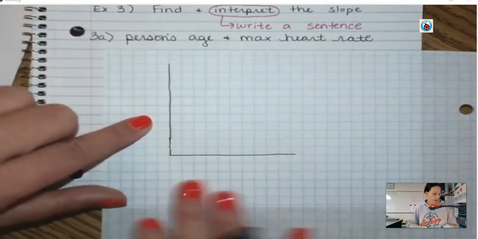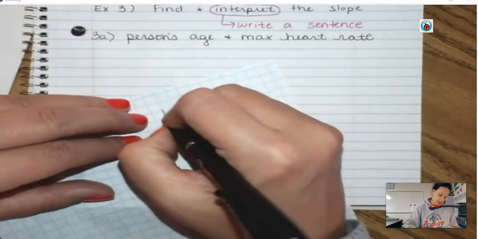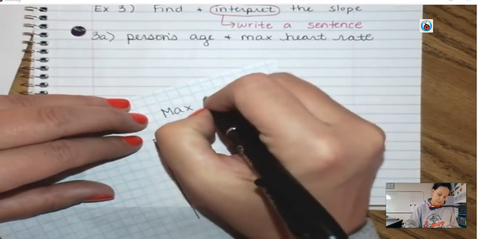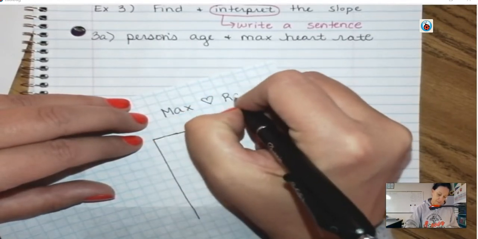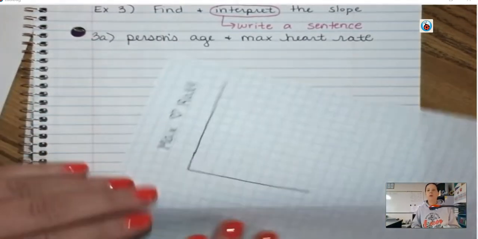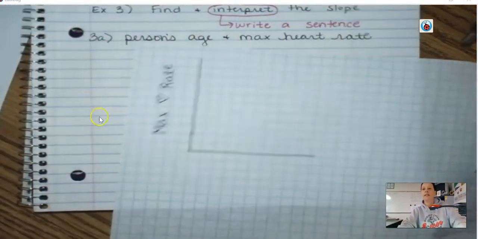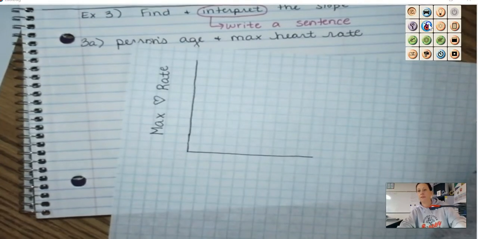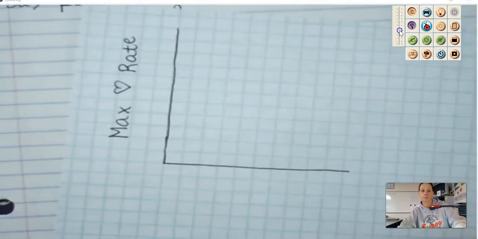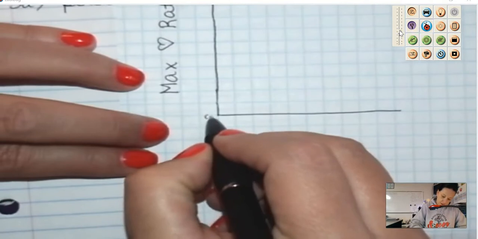Okay, the y-axis is going to be the max heart rate. And we're going to go by 20s. The intervals are going to increase by 20, 20 each time. So, zoom in. It always starts at 0.